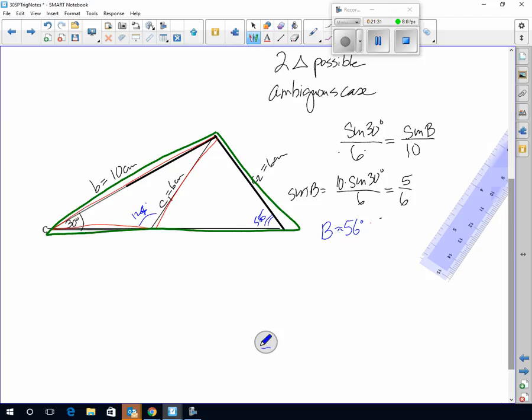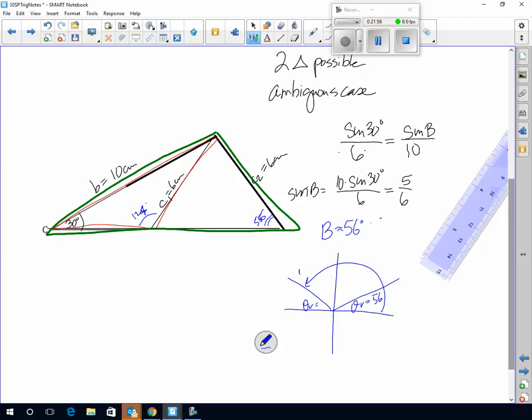Okay, so remembering that sine theta is positive in this quadrant and this quadrant, if the reference angle is 56 and this is 56, what would this angle right here be? 124? Yeah?